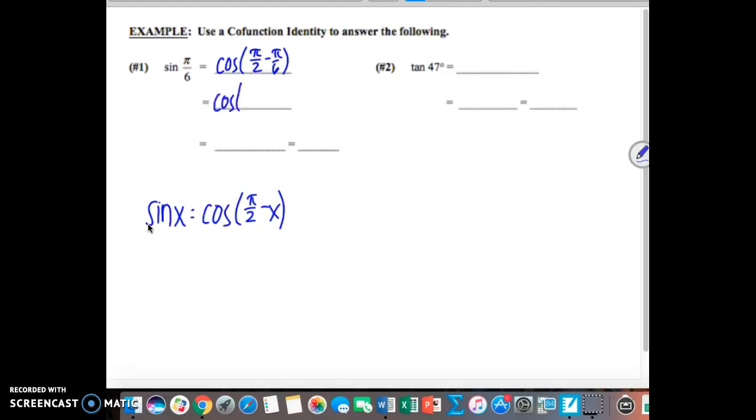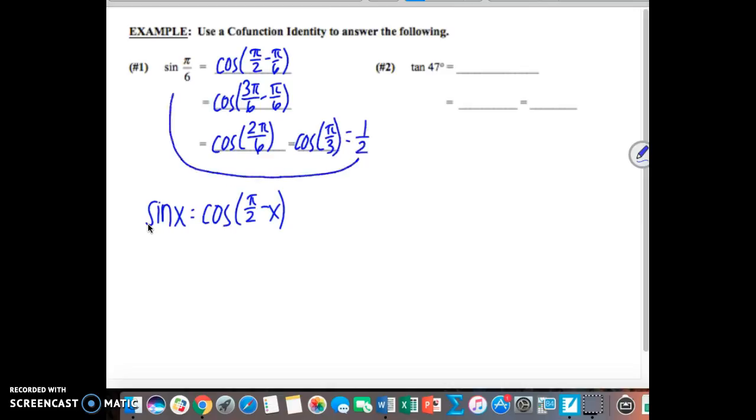So a common denominator of 6, this becomes cosine of 3 pi over 6 minus pi over 6. Then 3 pi over 6 minus pi over 6 is just 2 pi over 6. And simplifying this further, this is equal to cosine of pi over 3. Cosine of pi over 3, thinking of our unit circle, is equal to 1/2, which we can check ourselves at the beginning. Sine of pi over 6 is also equal to 1/2, so we know we did our math correctly.